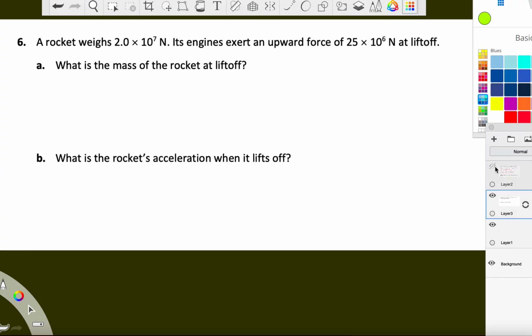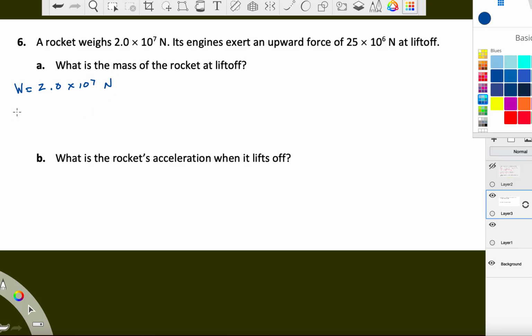I'll put that up and I'll hide this. All right, now we've got that rocket problem. We went through the rocket problem really quick in class. I have a rocket and its weight. Its weight is equal to, what is that, 20 million newtons, or 2.0 times 10 to the 7th newtons.